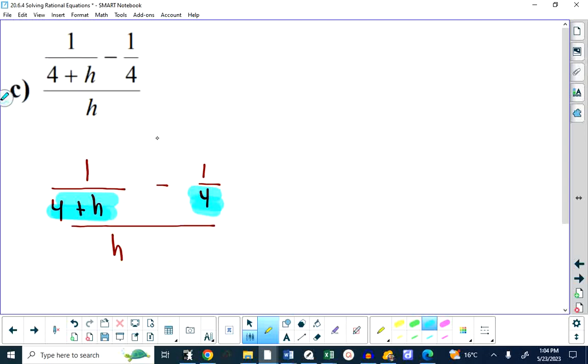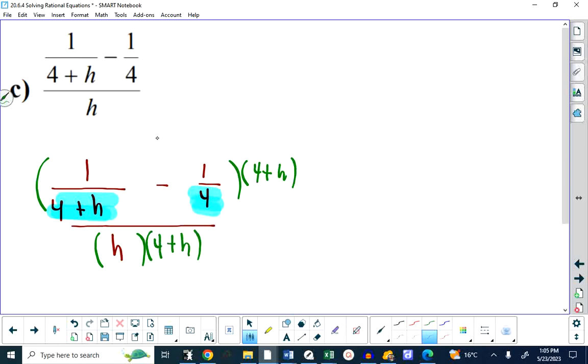If I want to get rid of them, then I'm going to have to multiply the top and the bottom by whatever is necessary to get rid of them. Okay? So, for example, if I look at the 4 plus h, I'm going to have to multiply the top and the bottom by 4 plus h. Great. But that doesn't get rid of the 4, does it? So I also have to multiply by 4.